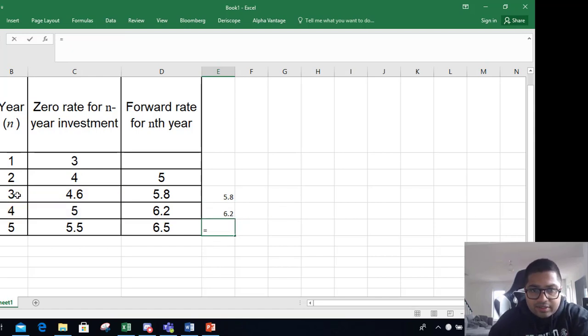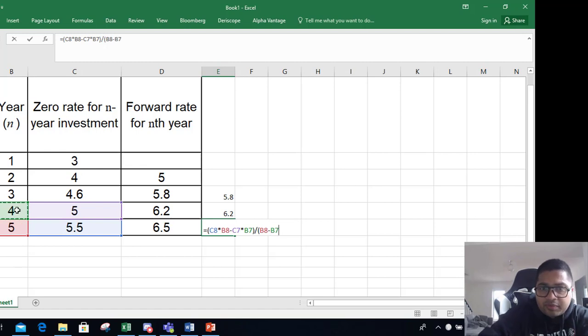And finally, if you want to calculate at time period 5, it will be zero rate at time period 5 into 5 minus zero rate at time period 4 into 4, divided by time period 5 minus 4, the difference between the two.